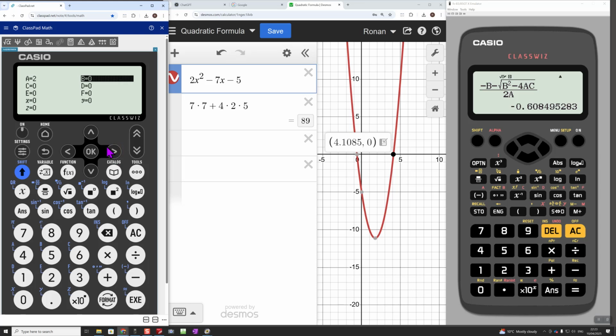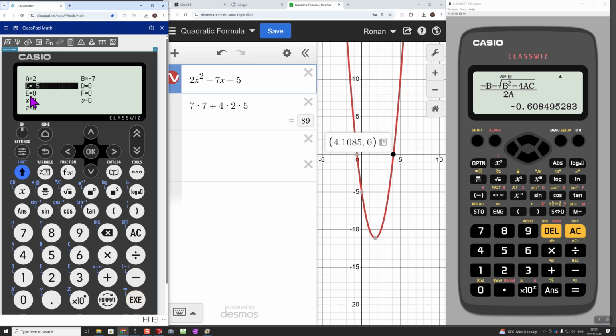I'll go -7, and no doubt they've removed the minus key. Let's see how I get on when I use the actual one. Oh look, it is a shift to get to the minus. But look, it seems to be working when I do subtract 7. So that's okay. And I'll move on to c, where I want -5. So that won't always work on every calculator, but it works on this one.